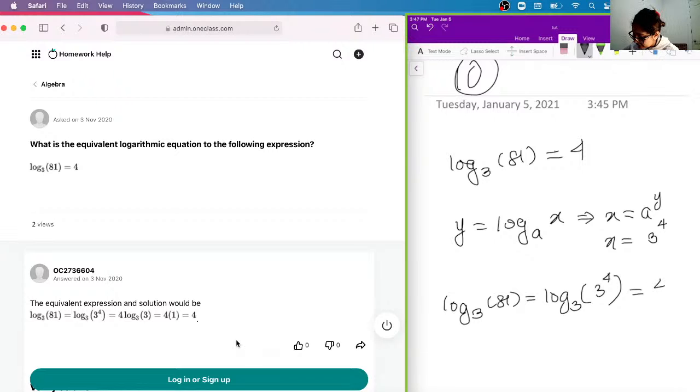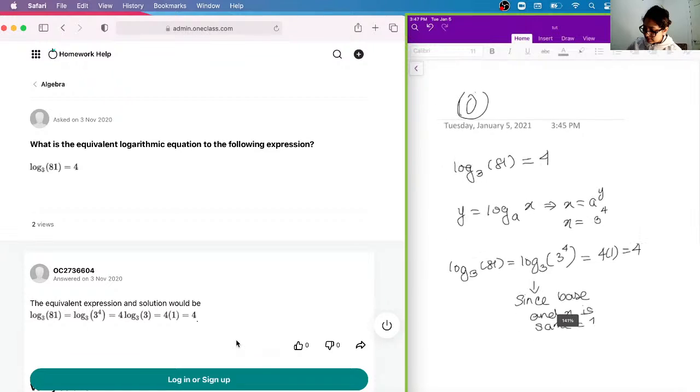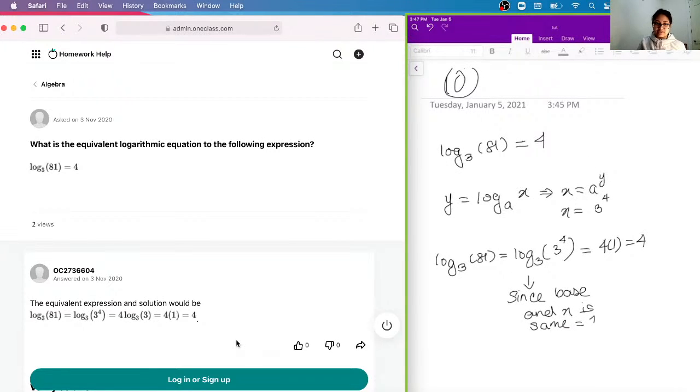You basically have 4, so this is basically equal to 4. Okay, I'll just write this, since the base and x are the same, log is equal to 1. So you can say 4 is 4 times 1, and this is equal to 4. So this is one way to, so this is the equivalent logarithmic function.